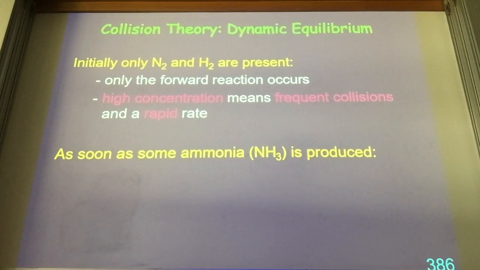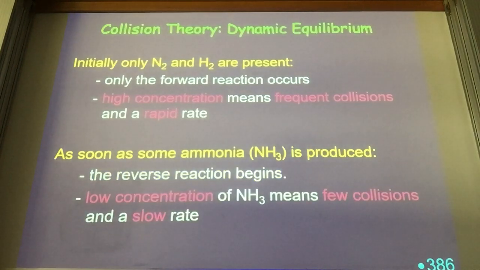Now, of course, straight away ammonia is being produced. So as soon as you get a significant amount of ammonia, you've got a significant reverse reaction beginning. And at first it's going to be slow because not much ammonia means few collisions. But as time goes on, more and more ammonia gets produced, the reverse reaction speeds up, less and less nitrogen and hydrogen are present, the forward reaction slows down.